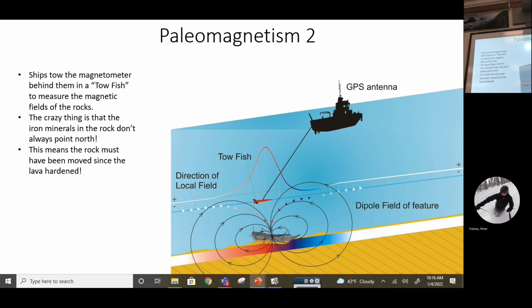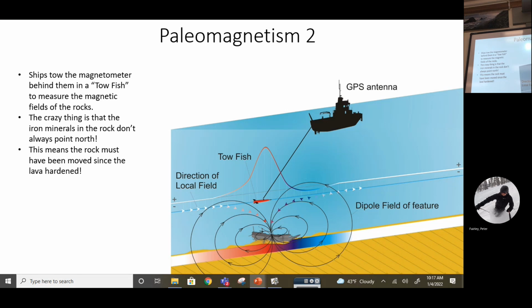So this is evidence number 2, I think, on your notes. It says evidence for plate tectonics 2. The magnetic field of these rocks doesn't point north anymore, which means that the plate must have moved. With me? Like north is about there, I think. But I measure the magnetic field of the rocks underneath the school, and they're pointing over there.